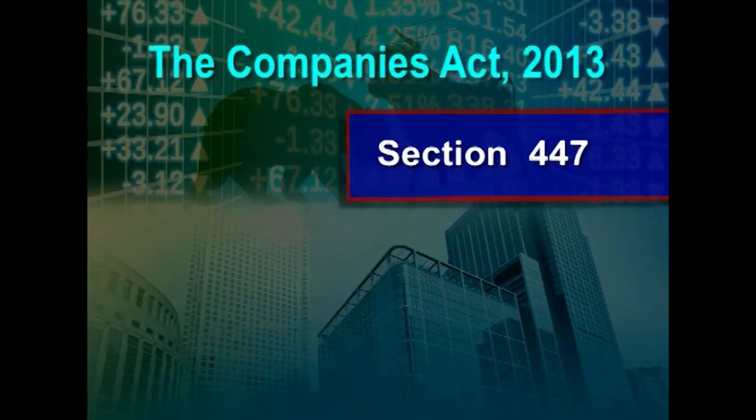A person who either knowingly or recklessly makes any statement, promise or forecast which is false, deceptive or misleading, or deliberately conceals any material facts for the purpose of inducing a person to enter into any agreement for acquiring, disposing of, or subscribing for, or underwriting securities is to be liable for action under Section 447 for fraudulent conduct.